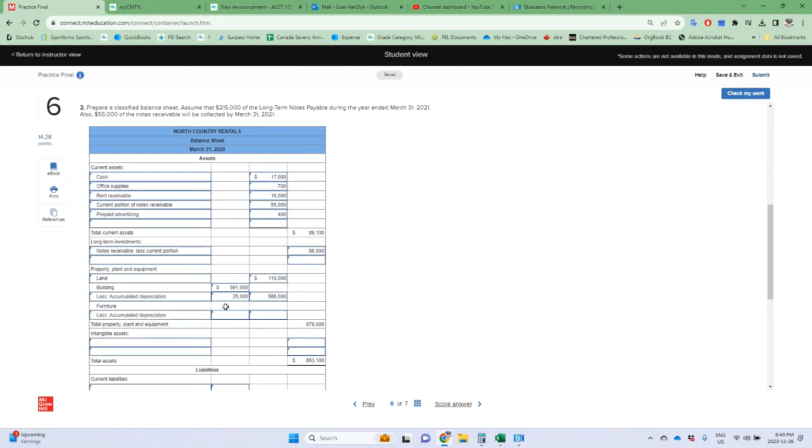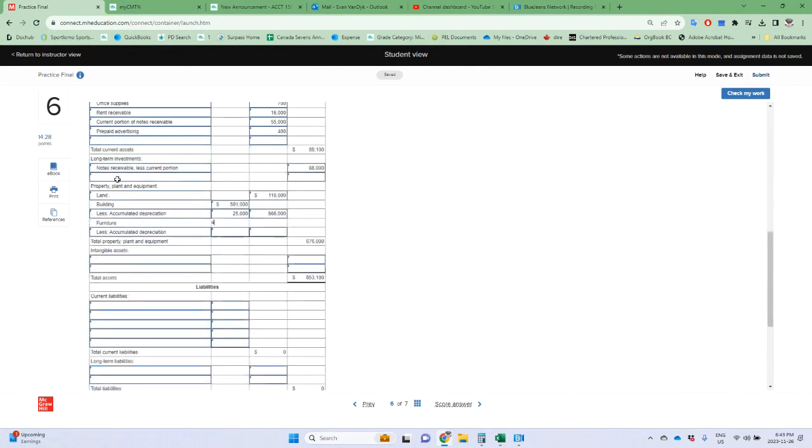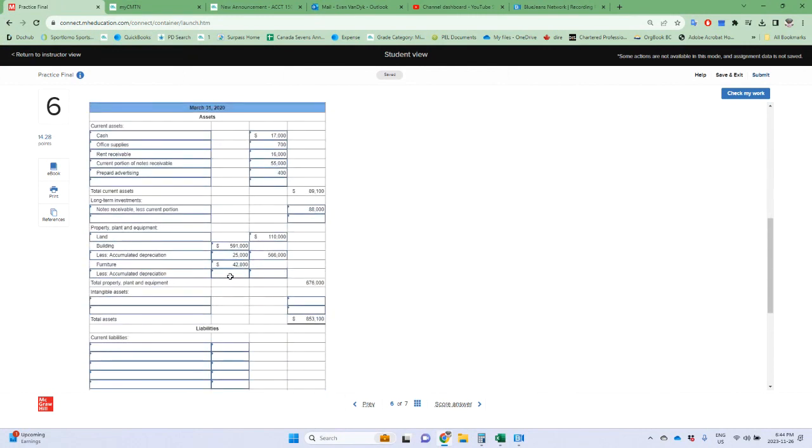Furniture, that's our accumulated depreciation. So our furniture was 42,800. Depreciation of 3,500.